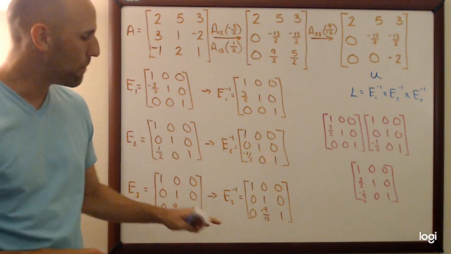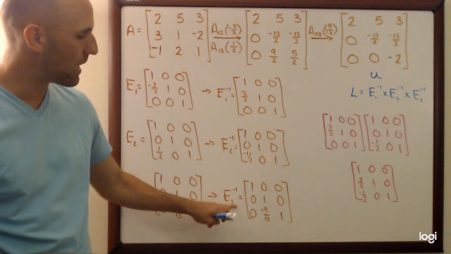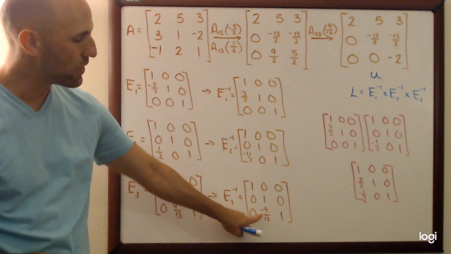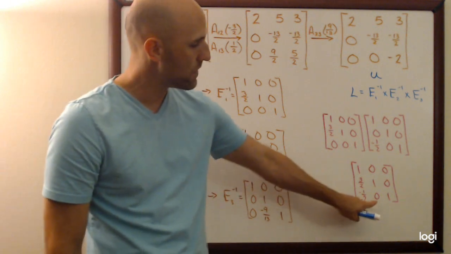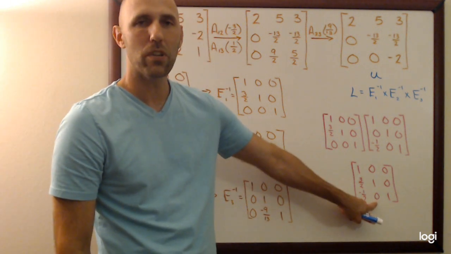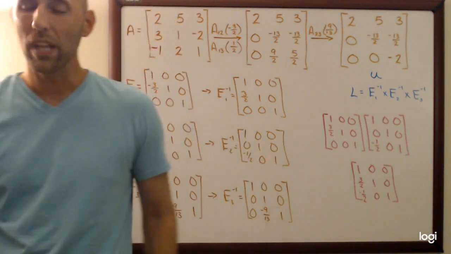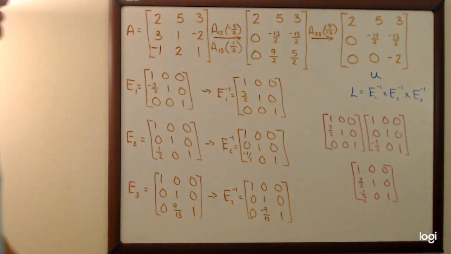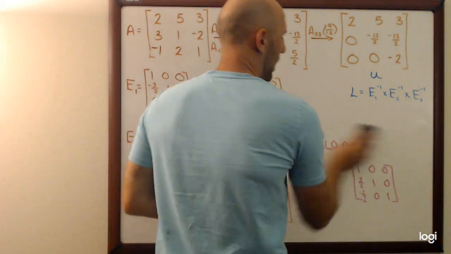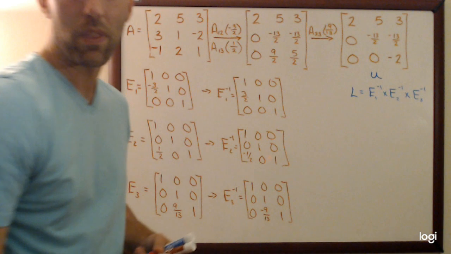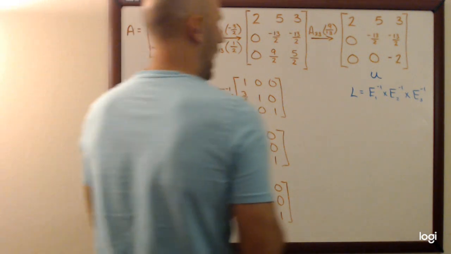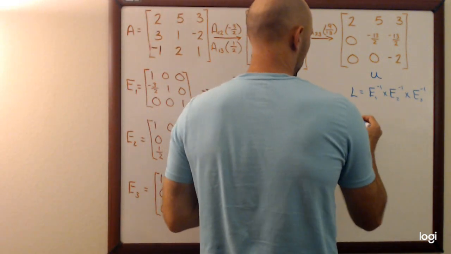So again, multiplying in E3 negative 1, I know what's going to happen. It's going to put this negative 9/13 in that 3, 2 position. Well, that's fantastic, right? This gives me L, without actually having to do all that work.